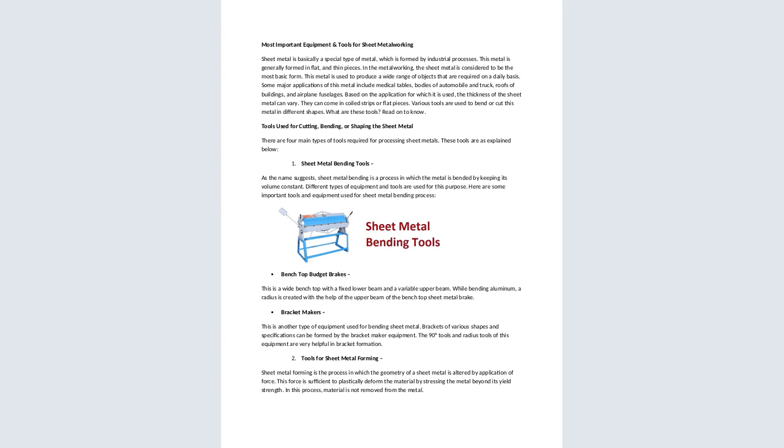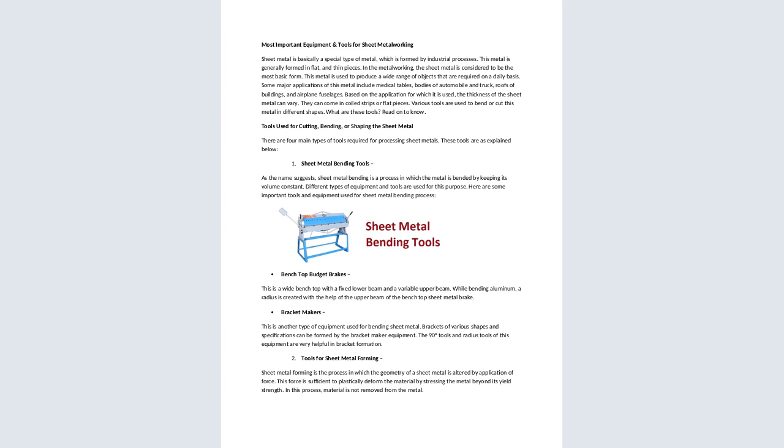So the metal is used to produce a wide range of objects that are required on a daily basis. Some major applications of this metal include metal tables, medical tables, bodies of automobiles or trucks. When bodies of automobiles are being manufactured, they require very special metals.